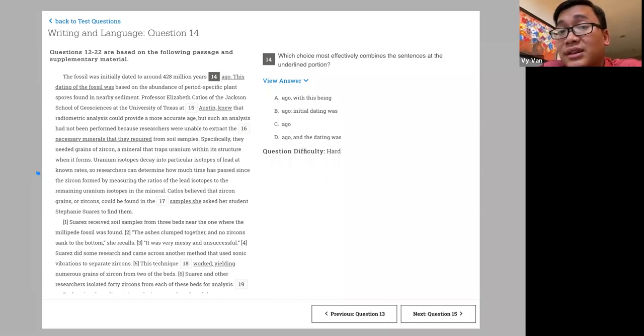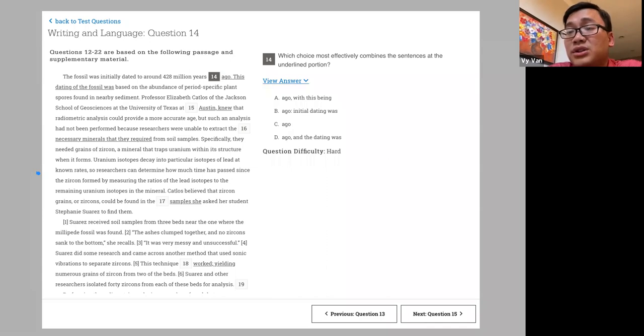Well, that's actually a good sentence if you put C there. They dated this based on what? So I think C is right for sure.